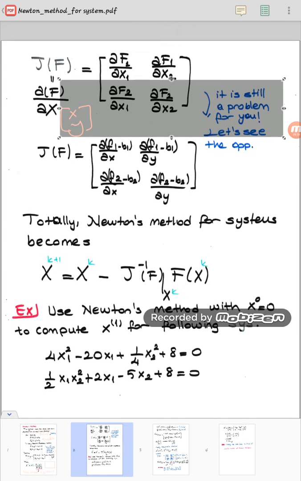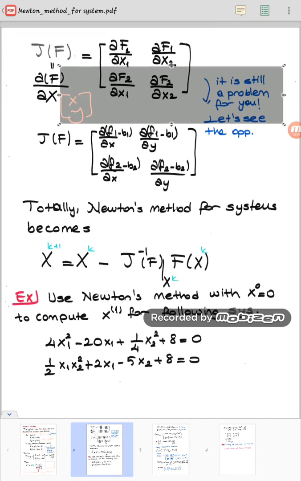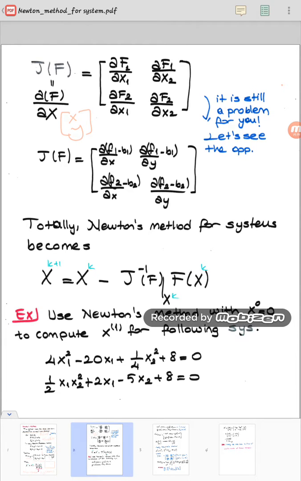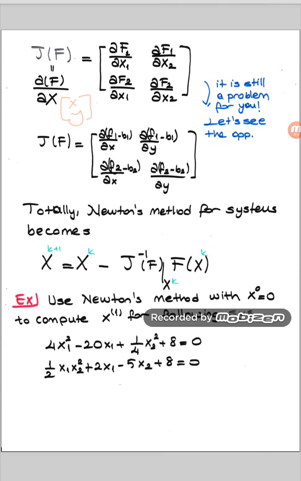Okay, we know that the Jacobian gives us, first of all, the first component of f with respect to x1, where x1 is denoted by x according to our expression, and then the first component of the field with respect to x2.